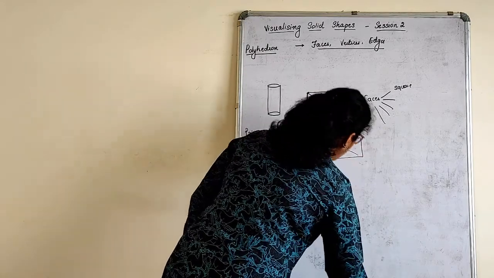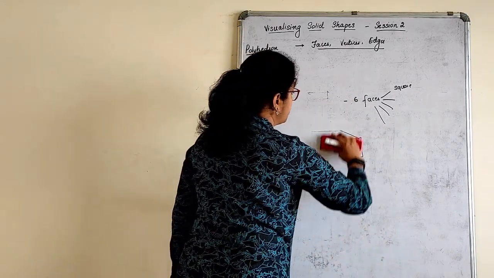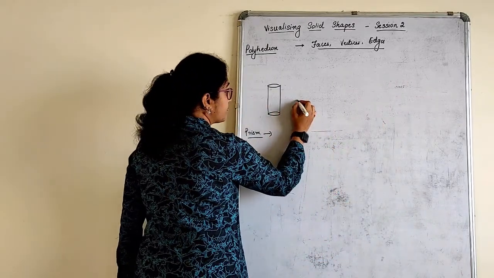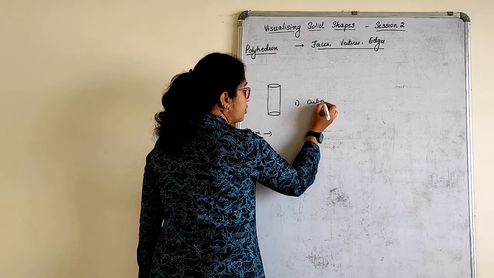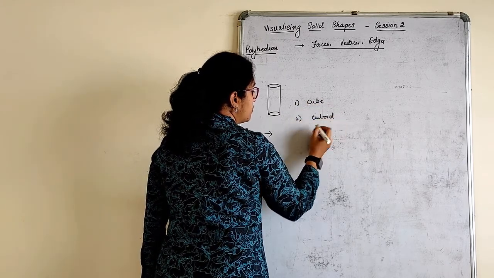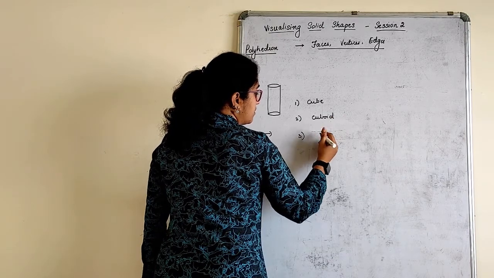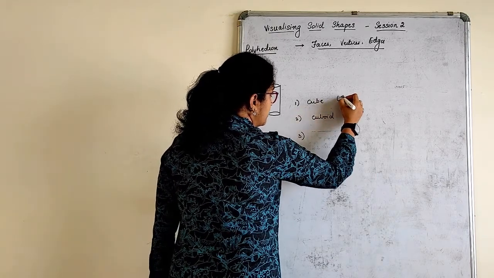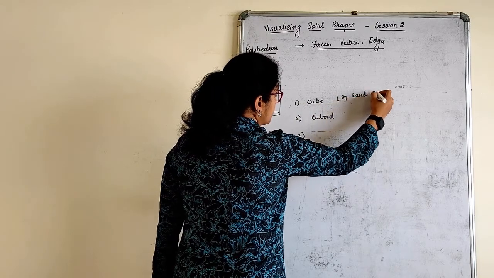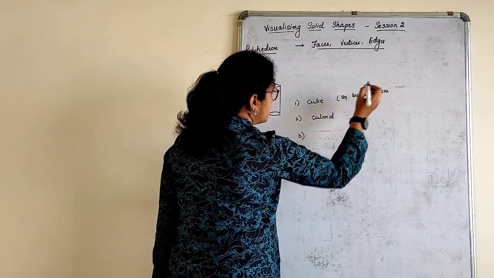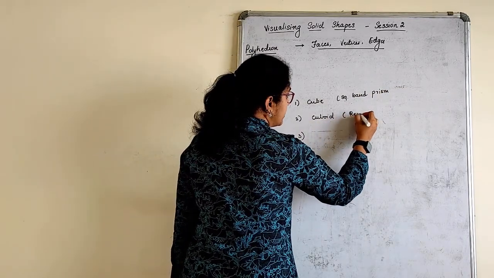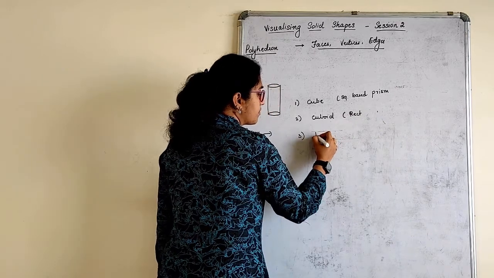For example, a cube is a prism. A cuboid is a prism, or I can call it a square based prism. This can also be called a rectangular based prism.